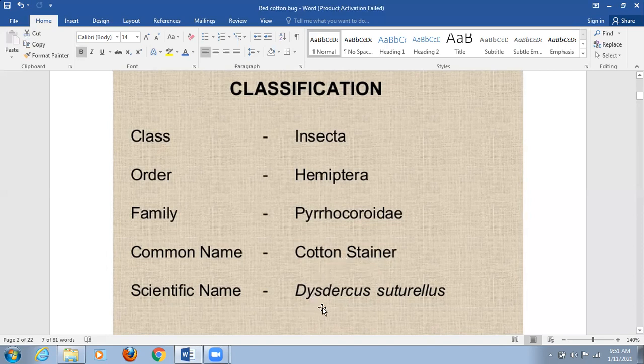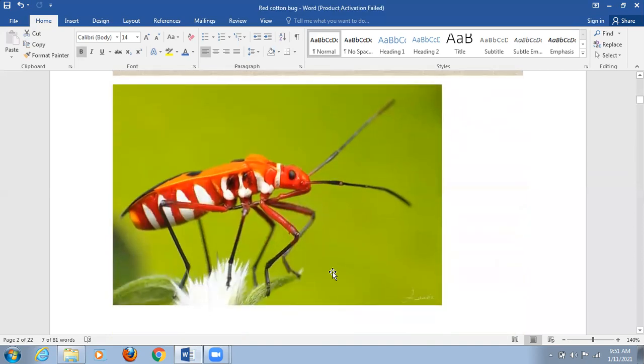So as I told you, this particular red cotton bug has a wide distribution. On your screen, you can see this insect is the red cotton bug, which harms different economically important crops.